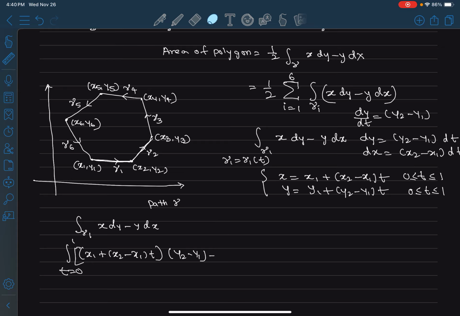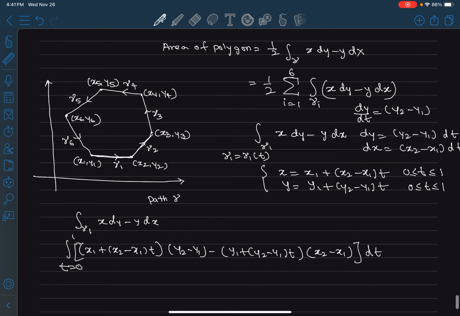Minus, and then y is y1 plus y2 minus y1 times t, and dx is x2 minus x1 times dt. So let's just evaluate this integral.